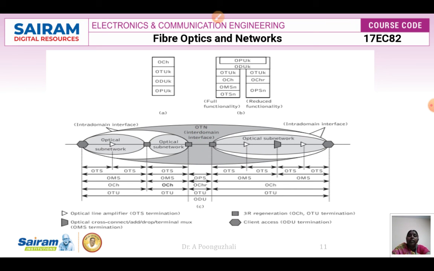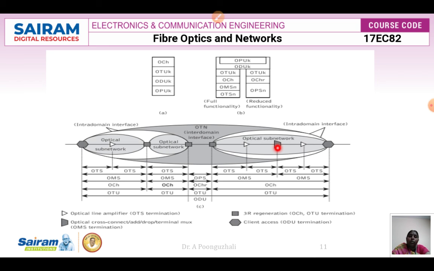In an inter-domain interface, when I want to connect these two domains, these two nodes, again I need an OPS, your optical channel, your OTU, that is your optical channel transport unit, and your optical channel data unit. Then again we are going to have two optical amplifiers and a multiplexer available here, or we can say an optical cross connect or an add-drop terminal multiplexer.